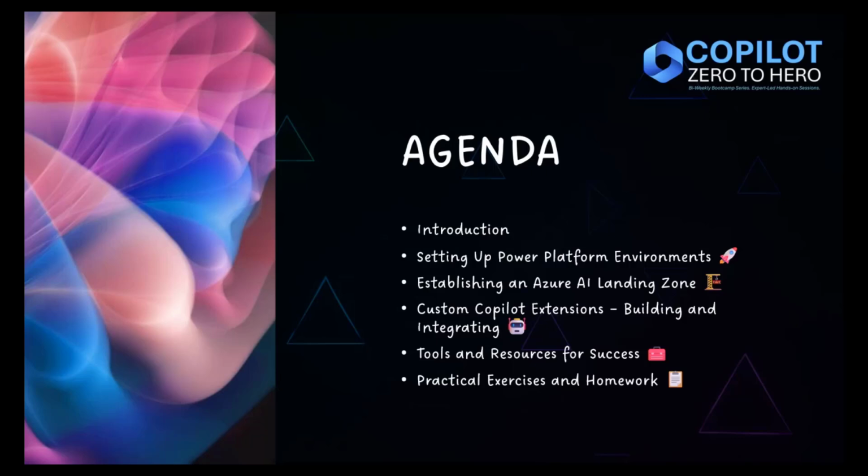It's very exciting to see how it all fits together, but I don't really work in that space a lot. Mine is more the Power Platform. And then obviously talking a little bit about custom Copilot extensions, how to build and integrate them into these tools. And then just sharing some tools and resources that will set you up for success.